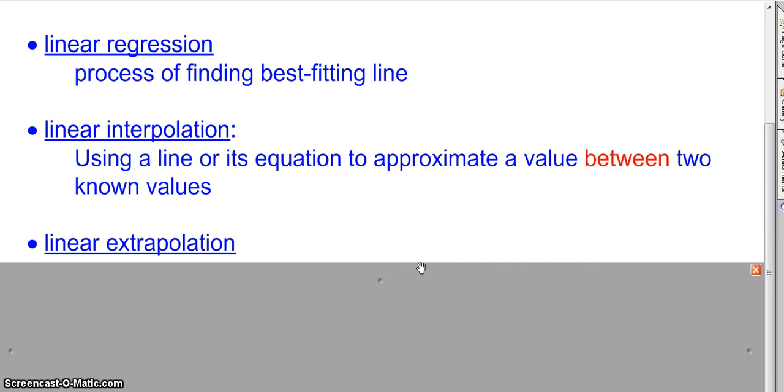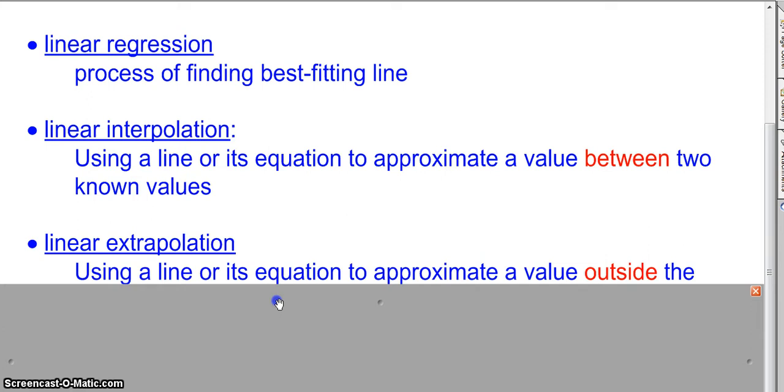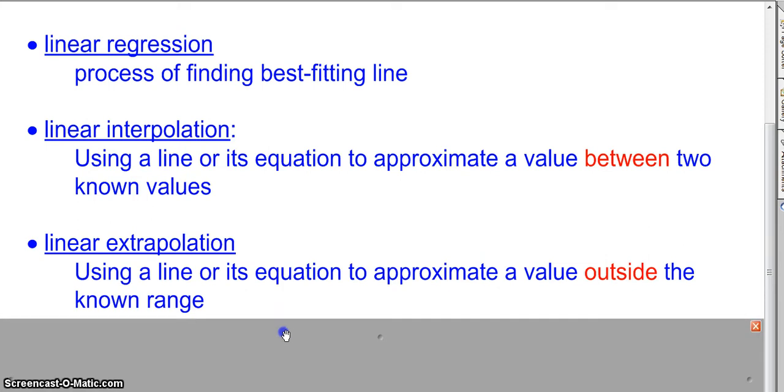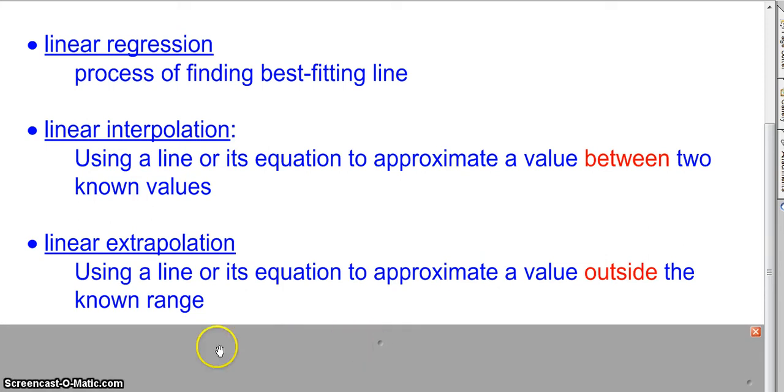So when we use the best fitting line and go outside of the set of data that was given, we're using linear extrapolation, okay, outside the known range. So when you think about it, extra, like outside. Exit takes you out. Inter is inside the data.